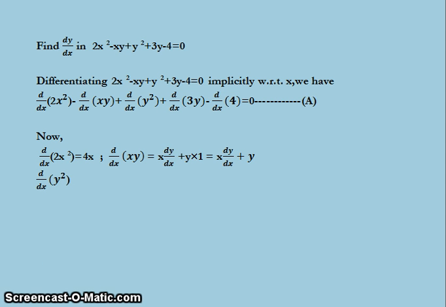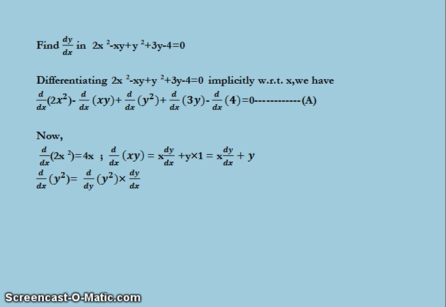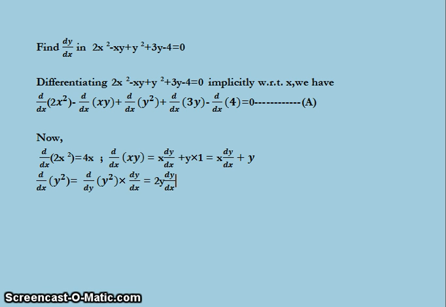Next we evaluate y square with respect to x, which is equal to d by dy of y square into dy by dx, which is equal to 2y dy by dx. Next, 3y differentiated with respect to x is equal to 3 into dy by dx, and the derivative of the constant term 4 with respect to x is equal to 0.